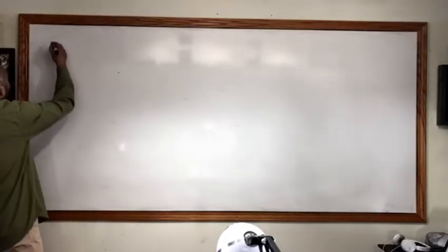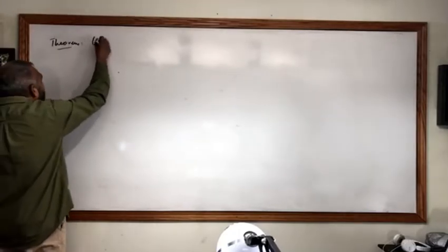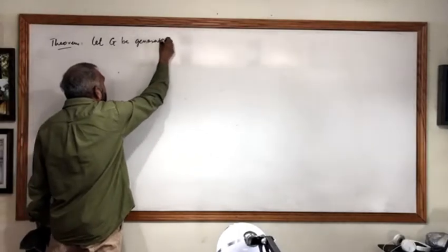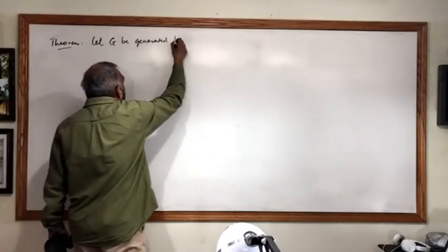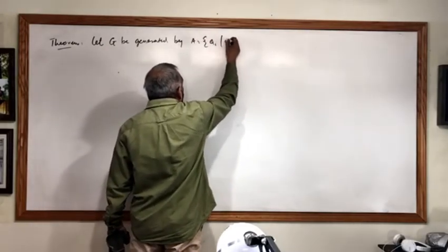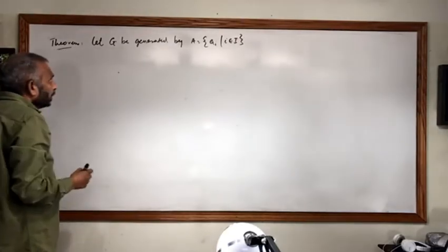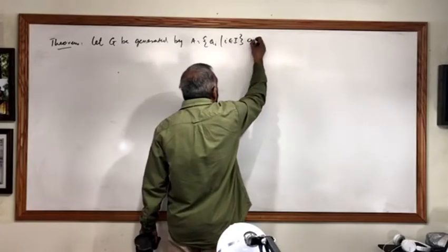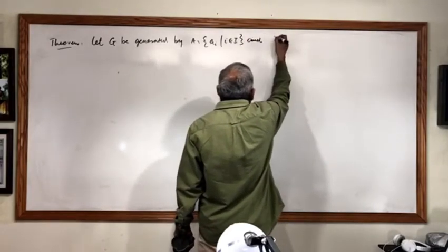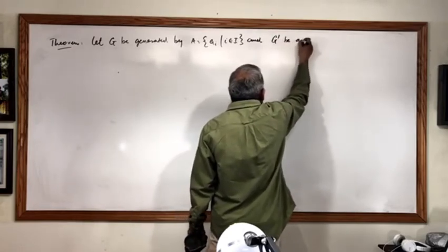Theorem: let G be generated by A equal to a_i, i belongs to some index set, and G prime be any group.